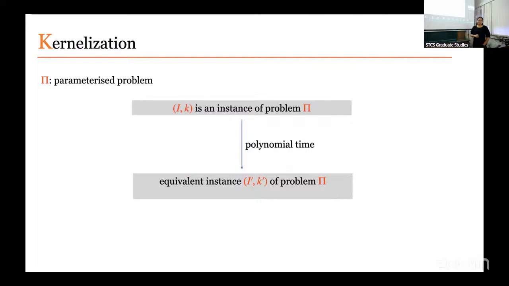This is important in kernelization. The size of the instance must be bounded by a function of k. It is well known that if a problem admits an FPT algorithm, then there exists a kernel. But that kernel can be of exponential size. So the interesting question is whether we can have a polynomial sized kernel.